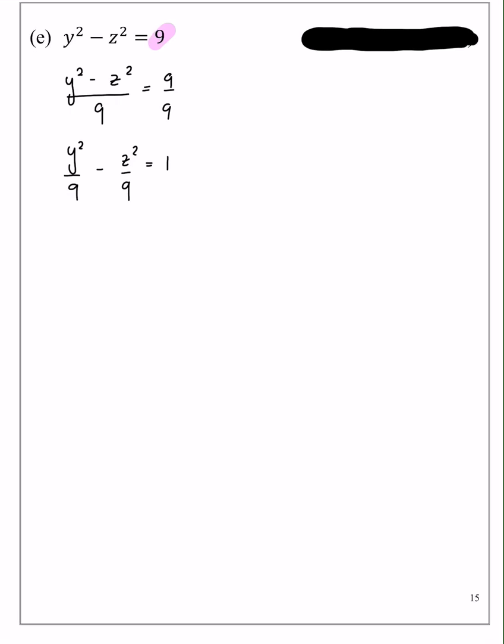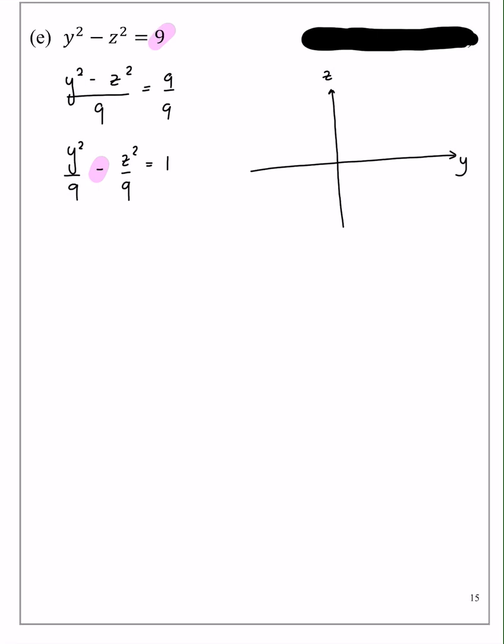Now this is the y and z axes, and we want one trace, y and z. Let's say this is the trace. For this case, we know that the negative part is at the z, meaning our hyperbola right now is vertical or horizontal.